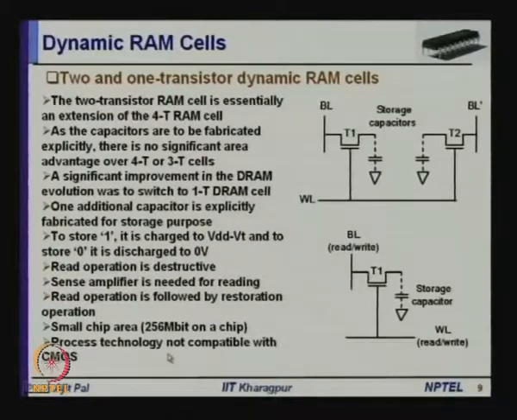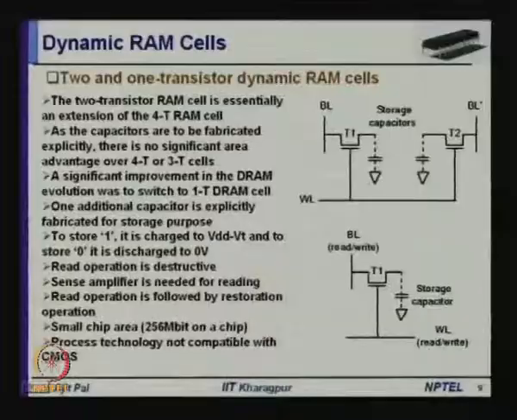Unfortunately, the process technology is not compatible with CMOS. That means you cannot fabricate single transistor dynamic RAM on chip with the conventional CMOS technology. That means the dynamic RAM chips have to be separate or off chip. You have to use a separate chip for 1 transistor dynamic RAM cells. However, the capacity can be very large.